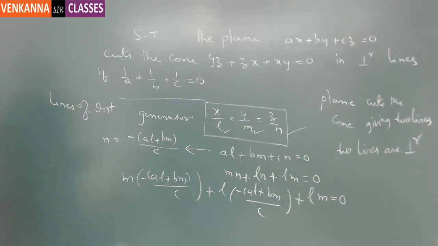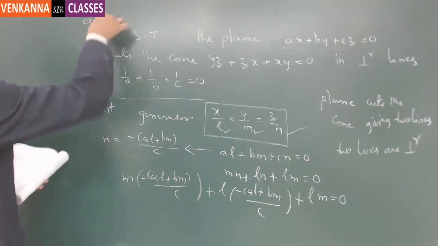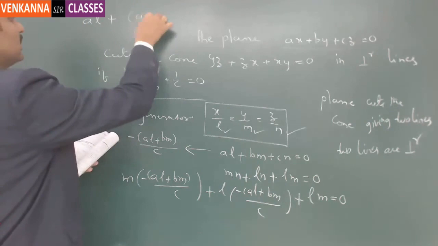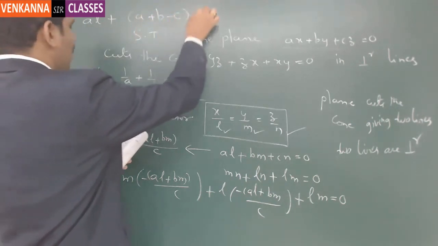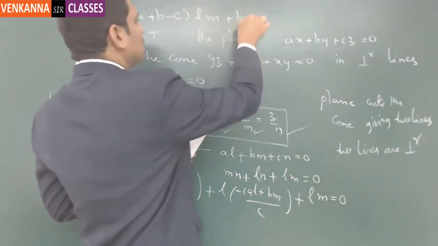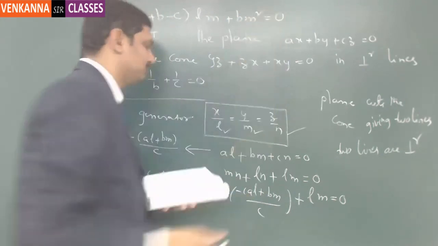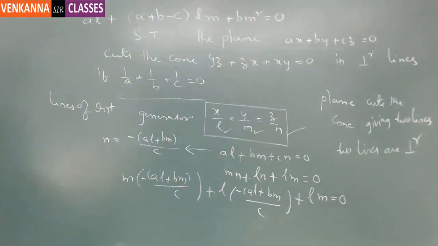Okay. Now if you simplify the equation, you will get al² + (a + b - c)lm + bm² = 0. So on simplifying this equation, you will get this one. I think simplification you can do on your own.